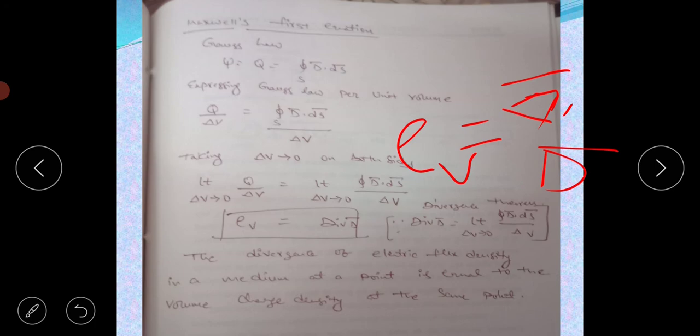By using this equation, if we know D bar, we can find rho v, and if we know rho v, we can find D bar. So Maxwell's first equation gives the relation between electric flux density and volume charge density.